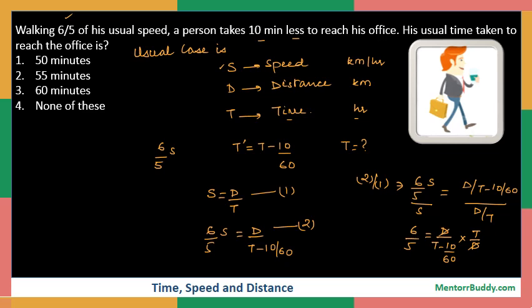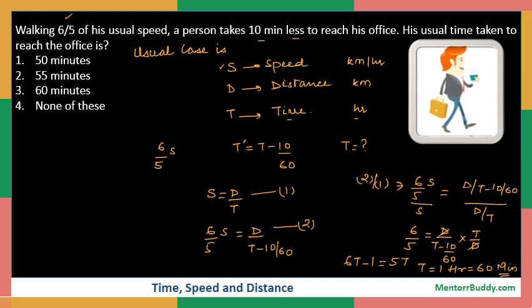And then when we do the cross multiplication, this gives us 6 times of t minus 1 is equal to 5 times of t, where t comes as 1 hour, which, because the options are in minutes, can be written as 60 minutes.